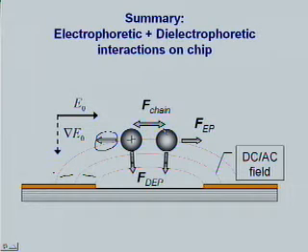And finally, if we have two particles in the gap, these two particles are going to attract each other because of the chaining force. And all of this gives you very large possibilities for manipulating colloidal suspensions on chip, and we'll discuss this a little bit later when we go to the different types of applications.